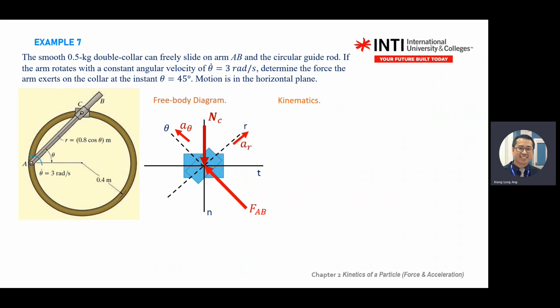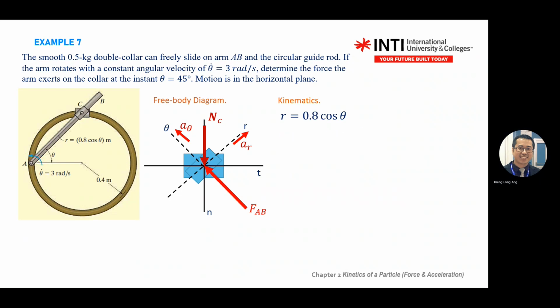So AR is this direction, A theta is this direction, and AR and A theta are vectors. A vector has direction and magnitude. When you want to find the magnitude, square AR plus square A theta, square root, you get the resultant magnitude, and to find the angle, you use trigonometry.